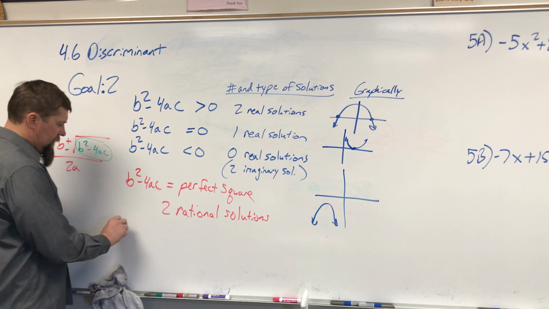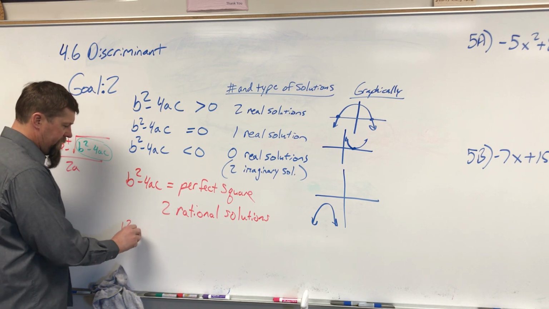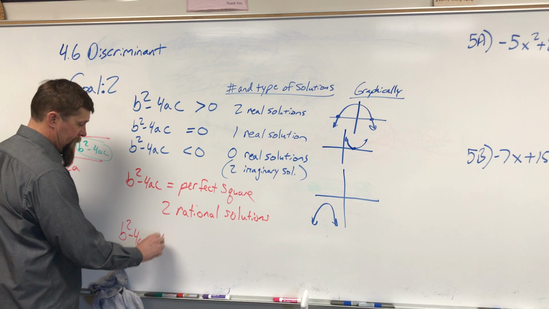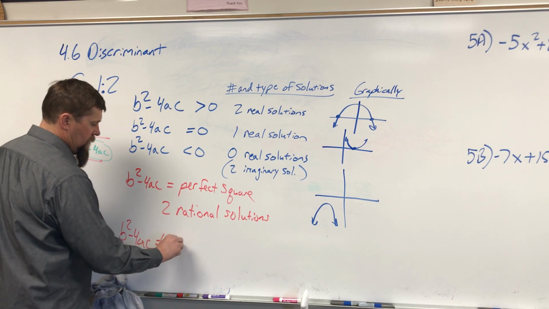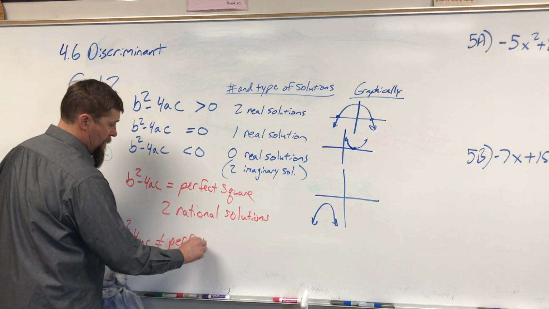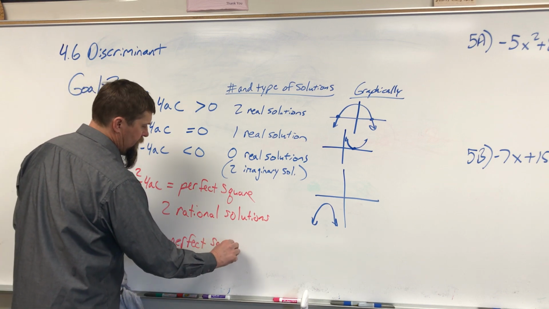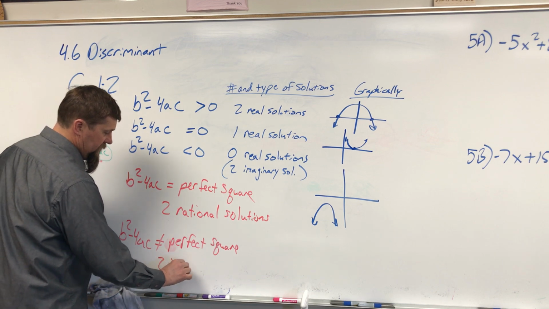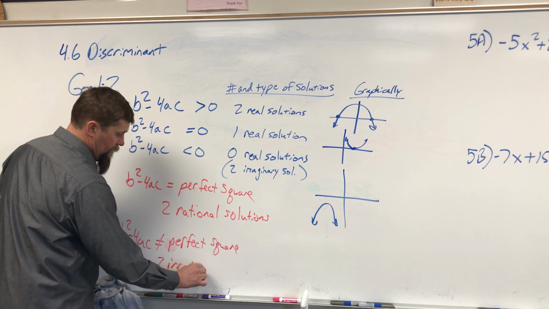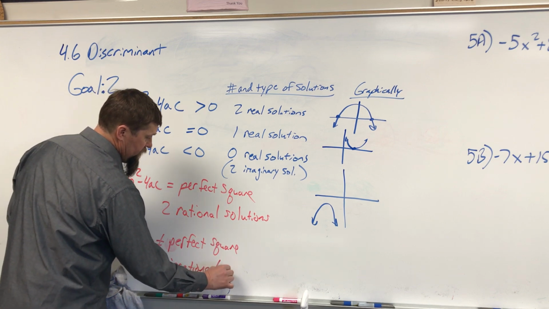If the discriminant is not a perfect square, then there are two irrational solutions.